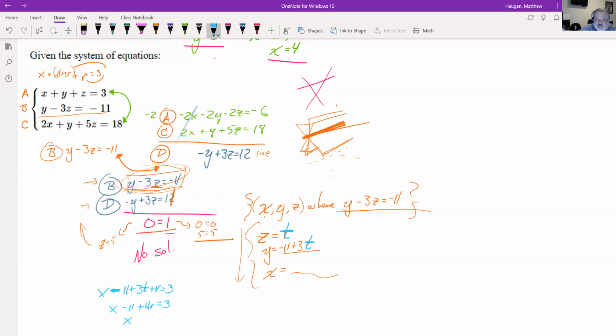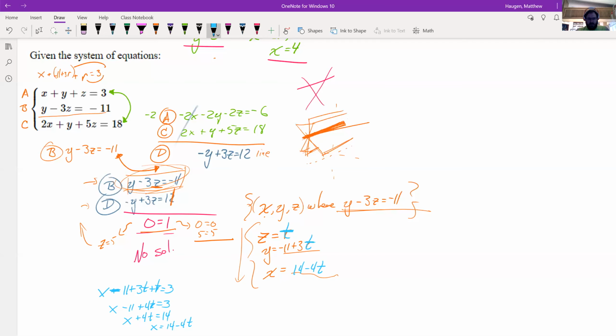Yeah, I should make them t's because your book likes t's. T's, s's, and r's are all commonly used for parameters. So 4t equals 14. And then x would equal 14 minus 4t. So that would be your other solution, 14 minus 4t. So where did you? Okay, I'm a little confused.